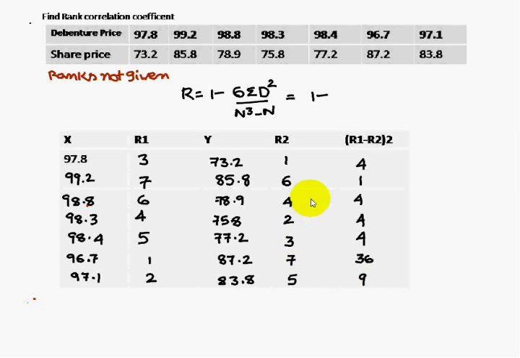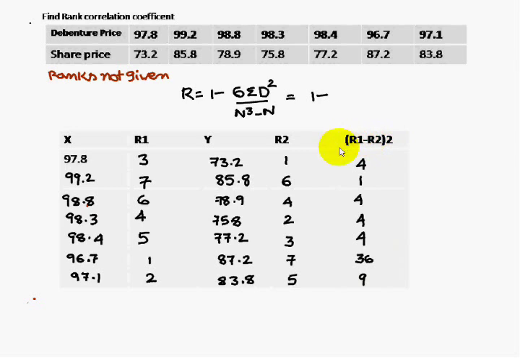Next, the rank correlation coefficient formula is 1 minus 6 sigma d square by n cube minus n. Sigma d square means the summation of this column.